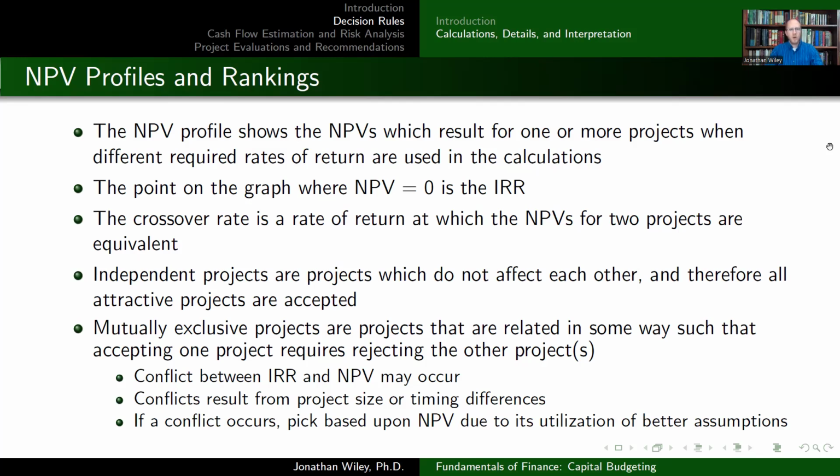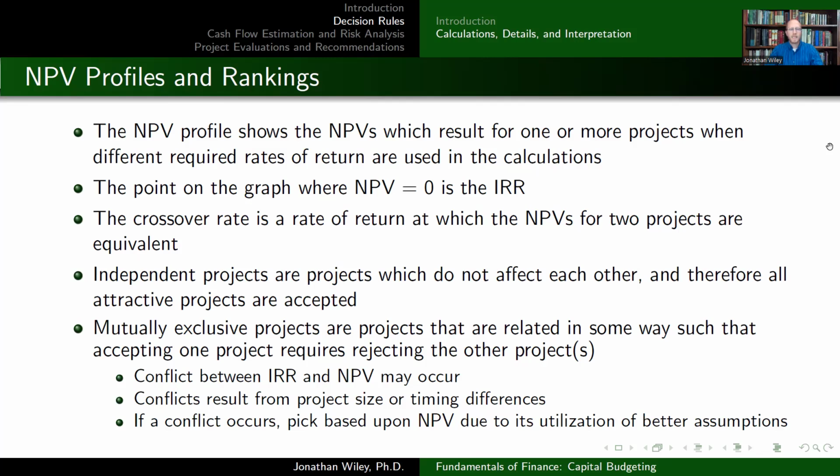Now, if you're showing the net present value that arises for different required rates of return, it's important to note that the required rate of return that makes the net present value exactly equal to 0 would then be the internal rate of return. Because by definition, the internal rate of return is the discount rate that makes the net present value equal to 0.